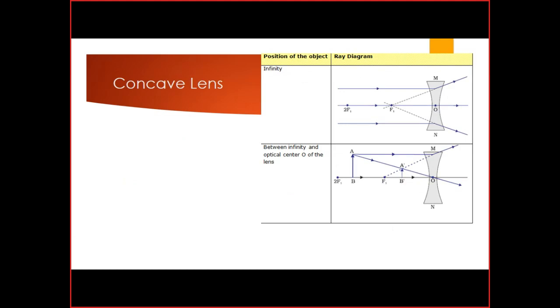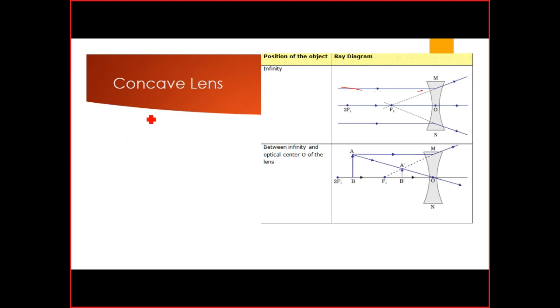Next, we are going to look at the concave lens. The concave lens is actually quite easy because only one type of image is produced. If light comes from infinity, it is going to diverge.